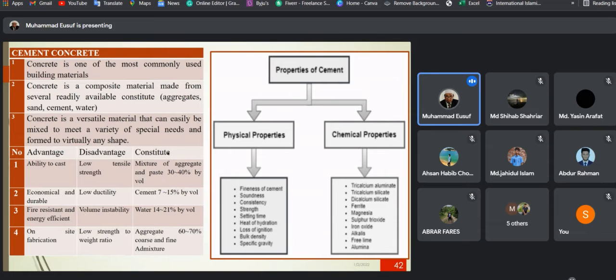Whether they use the concrete or not, see the masjid, then you can see a flag pole, library, and under your feet you can see the concrete, right? Building.